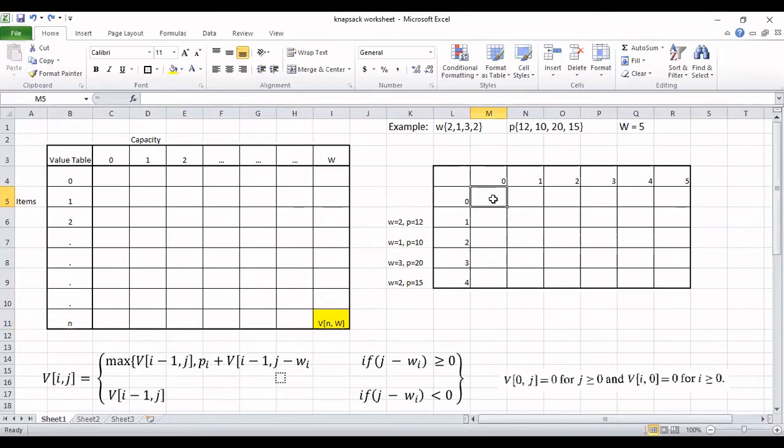Now, what is our first condition? For the first row and the first column, we by default set the value as 0. So we add this as 0. You can also mark them.